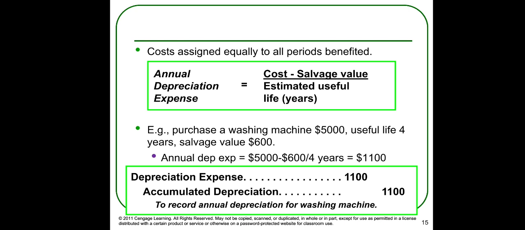Some assets do not have any salvage value. Maybe you have a business, and you purchase furniture. You think that the furniture can be used for like 10 years. After 10 years, you cannot sell the furniture, for example. So that is an asset with zero salvage value.